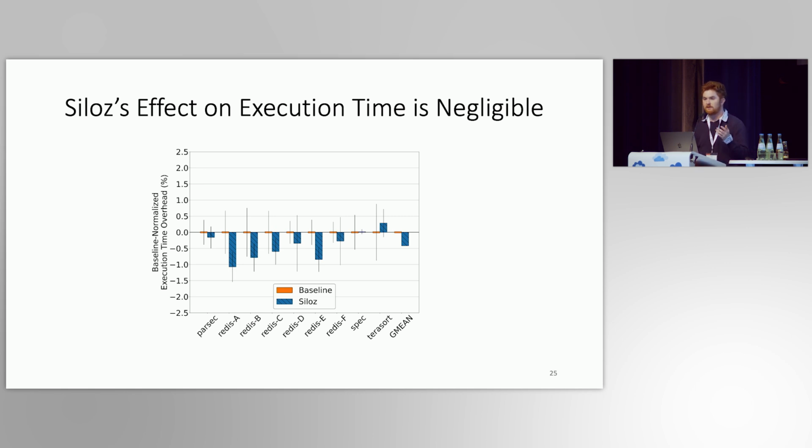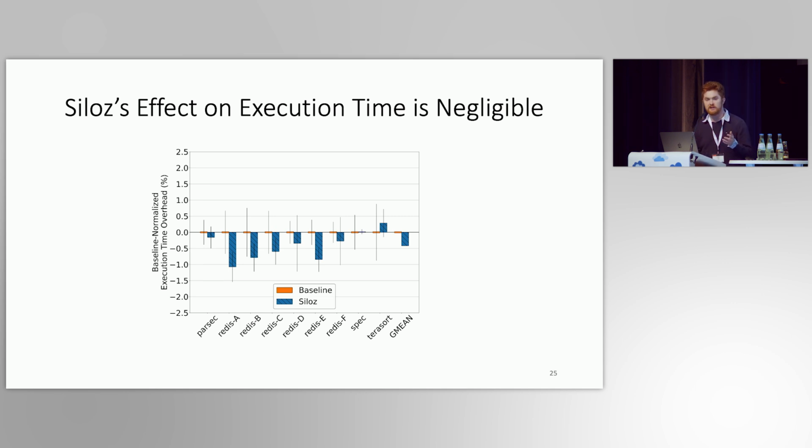You may, of course, wonder, why would it even have an impact plus or minus in the first place? So here, one factor as to why Siloz could potentially worsen execution time is that we are increasing the number of NUMA nodes in the system, effectively speaking. And so for certain things like memory allocations, we potentially now have to iterate over a greater number of NUMA nodes.